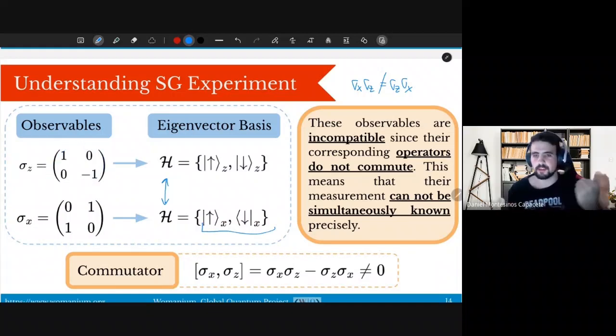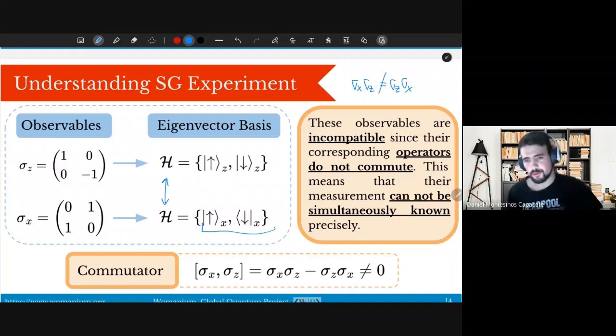Matrix multiplication is not commutative, and the same happens with the operators. This is how we define the commutator. If the commutator equals zero, the operators commute. But if it is different from zero, as in this case, they don't commute.